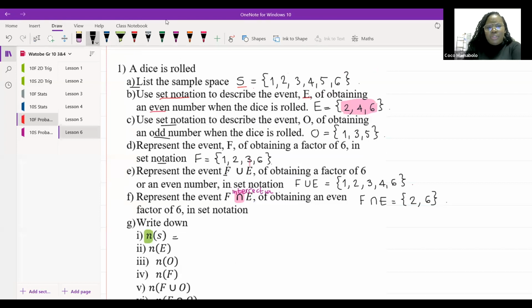Correct. How many elements do we have in event E? 3. Elements in event O? 3. Elements in event F? 4. Beautiful. Now, elements in event F union with O.